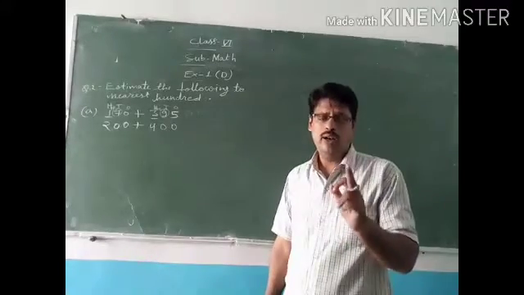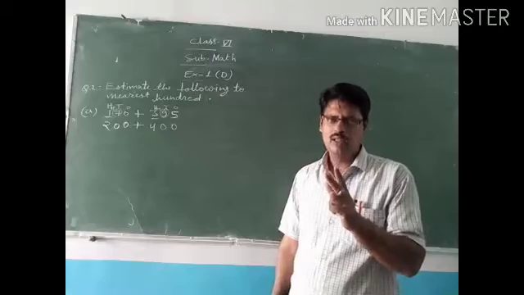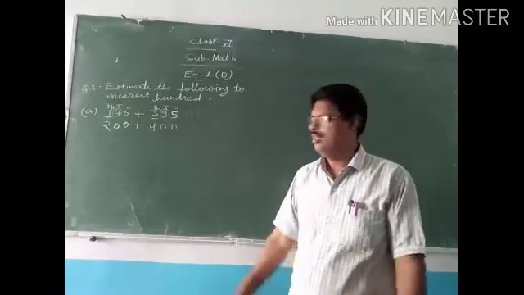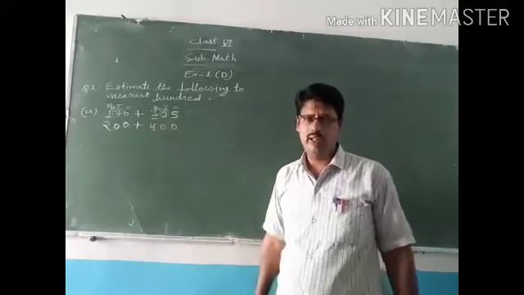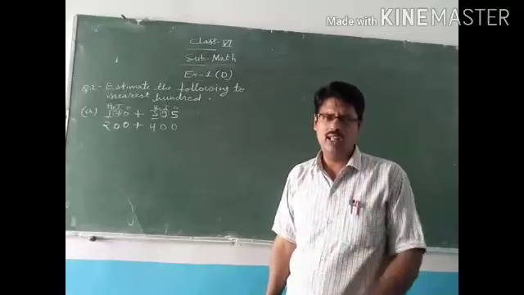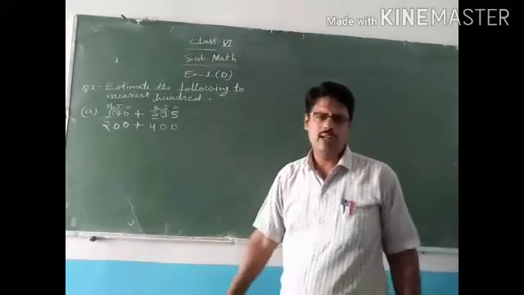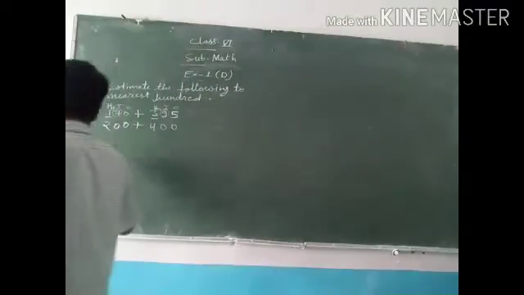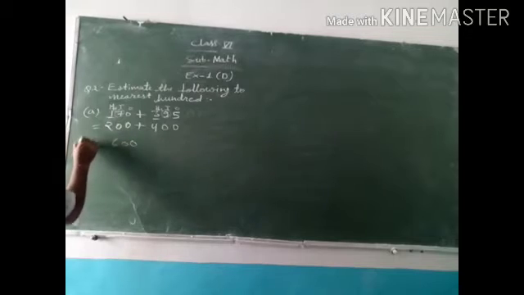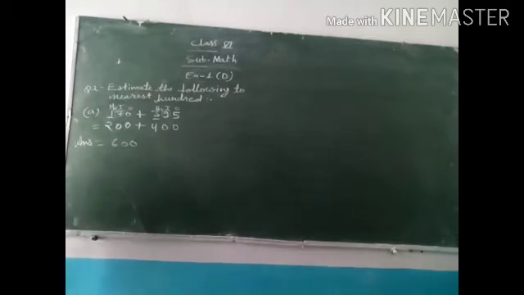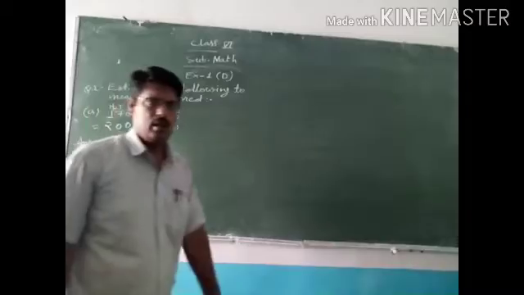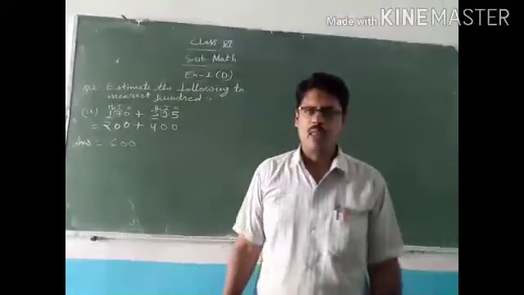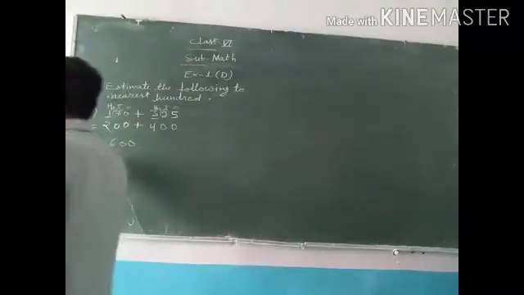Which is it nearer to, 100 or 200? Naturally 170 is nearest to 200. That's why we have written 200 here. Now we have to add these both, 200 and 400, 600. So our answer is 600. Understood everybody?